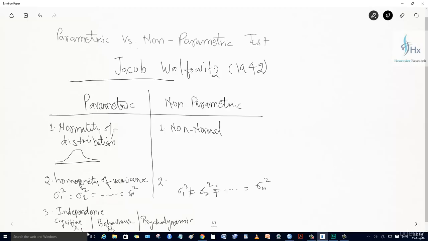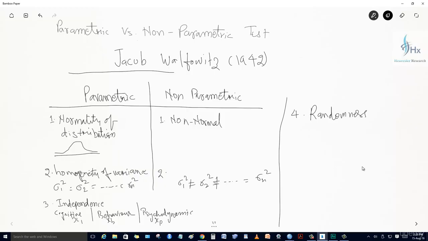And if you measure the stress of person who has been treated by this therapy, then it doesn't affect the stress of person who has been treated by some other therapy, say XB for the behavior group and XP for the psychodynamic group. These scores are independent of each other, so they are not influencing their score in any way.